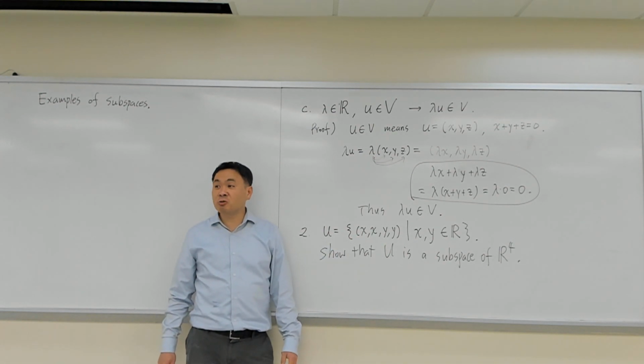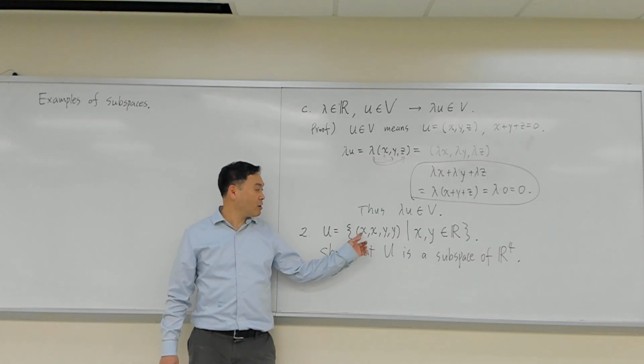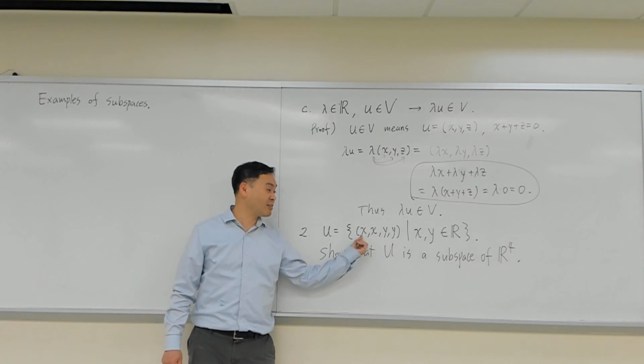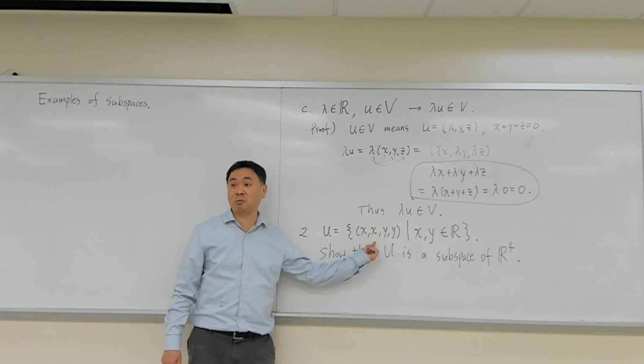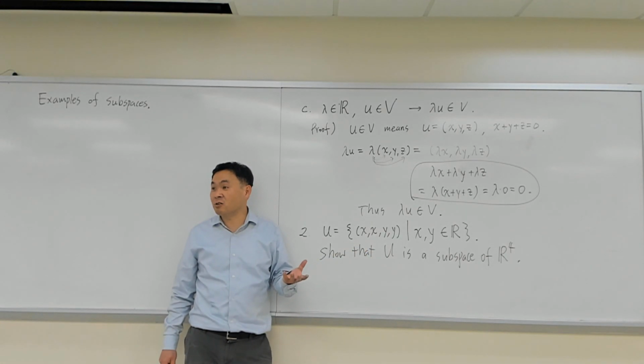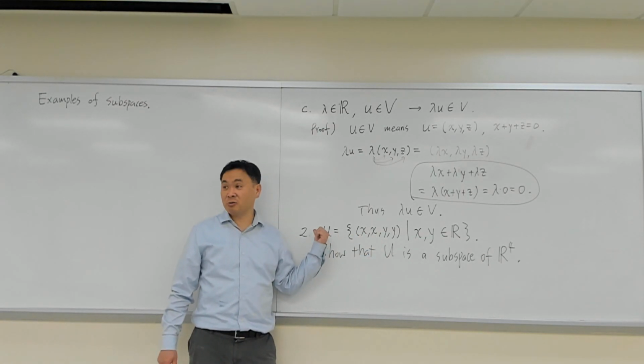How about 1, 2, 3, 4? No, why not? Because if 1, 2, 3, 4 can be written like this, x has to be 1, but at the same time x has to be 2. X cannot be 1 and 2 at the same time, so that's illegal. That means 1, 2, 3, 4 is not in U.